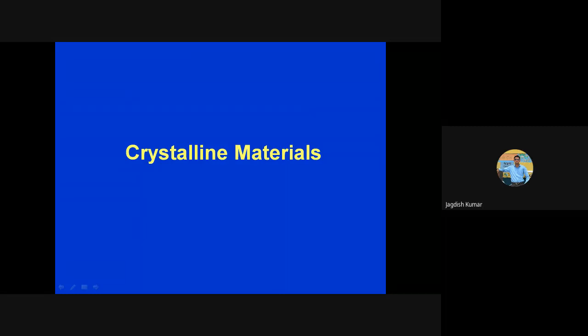So now let us begin with the lecture for today, which is on crystalline materials. As yesterday we were talking about the broader classification of various branches of physics, and there we saw how we come across various branches of physics in terms of the different length scales which we have to encounter.